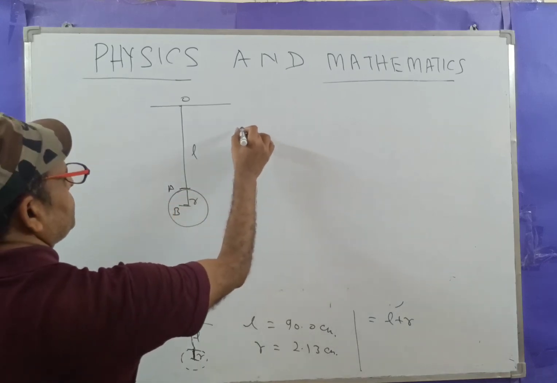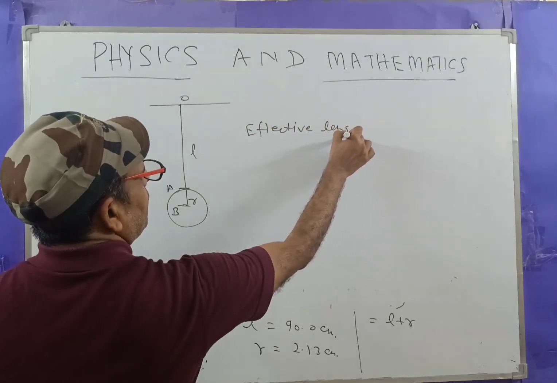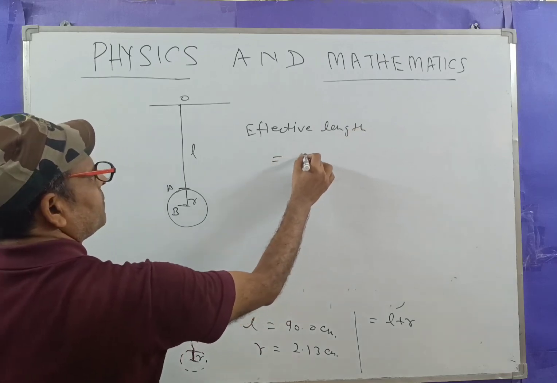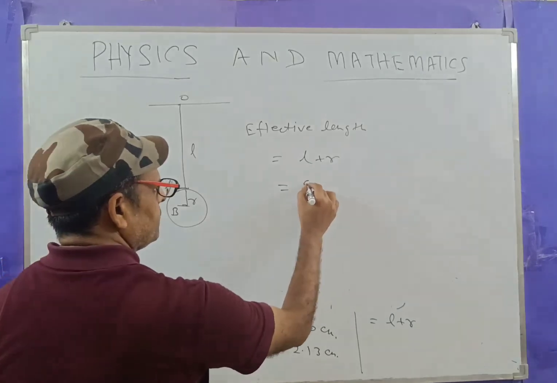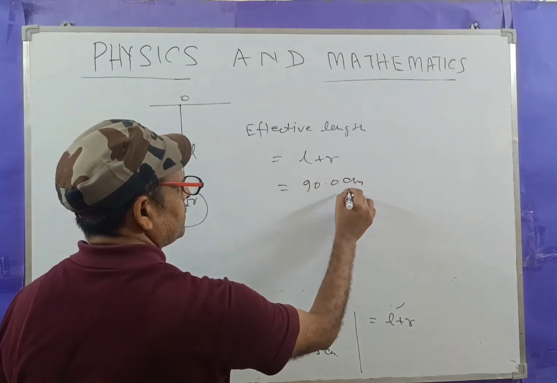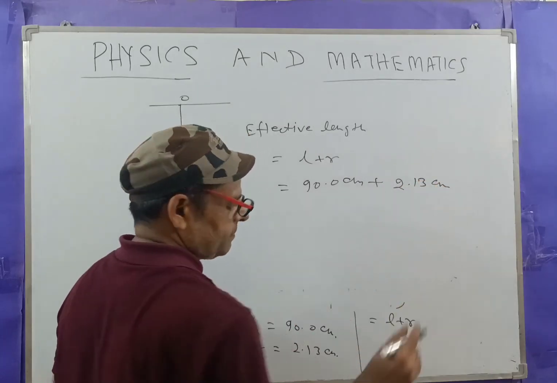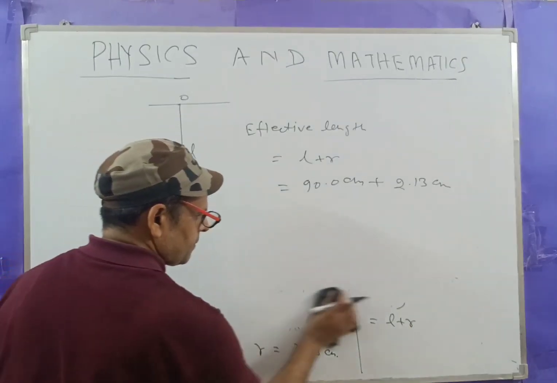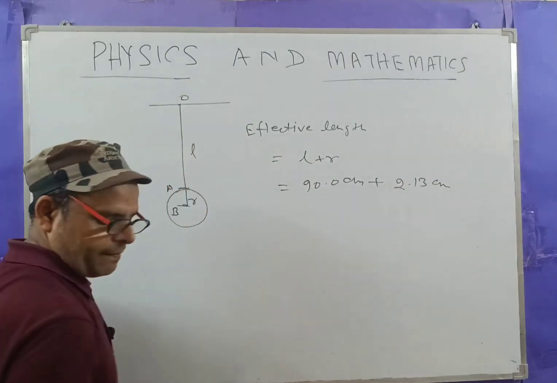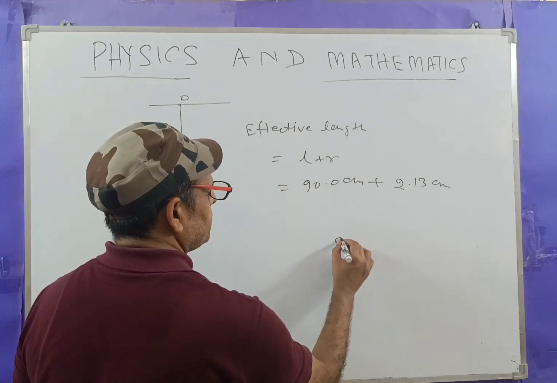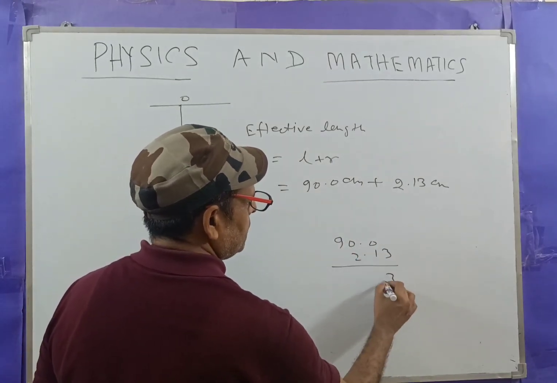So effective length is equal to L plus R. L is given 90.0 centimeter plus R is given 2.13 centimeter. We can add here 90.0 plus 2.13, 92.13.